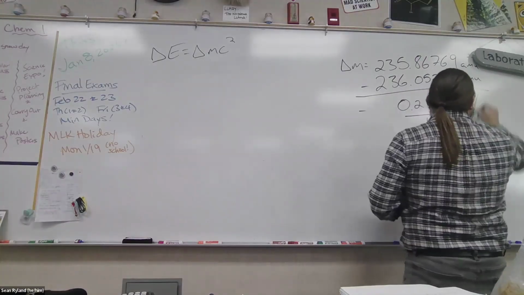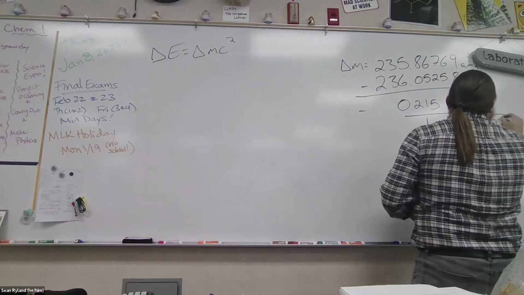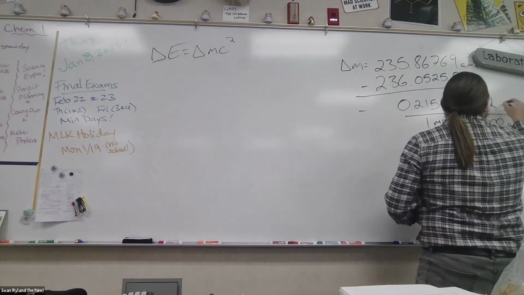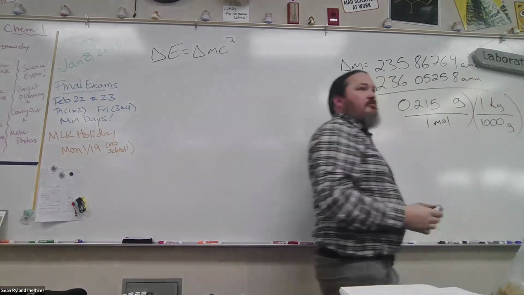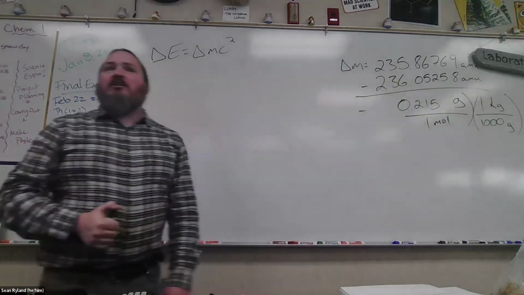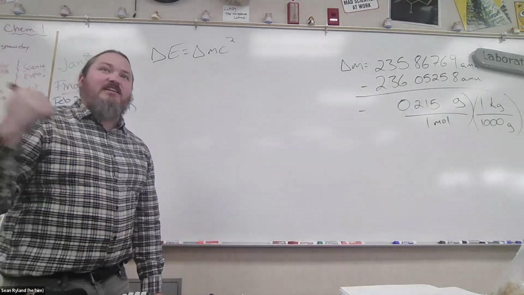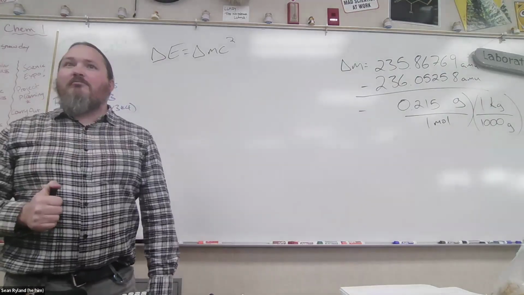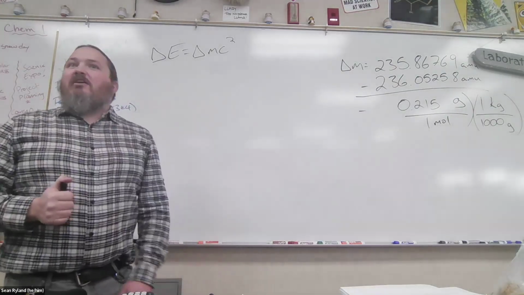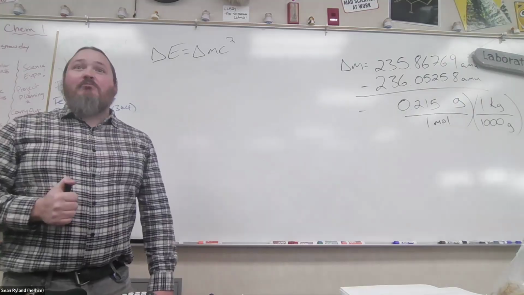Because then we can just say 1,000 grams is 1 kilogram, and now we're in kilograms per mole. If you do it in AMU and convert to kilograms that way, you're talking about the amount of energy for a single uranium-235 atom. We're never dealing with a single uranium-235 atom.